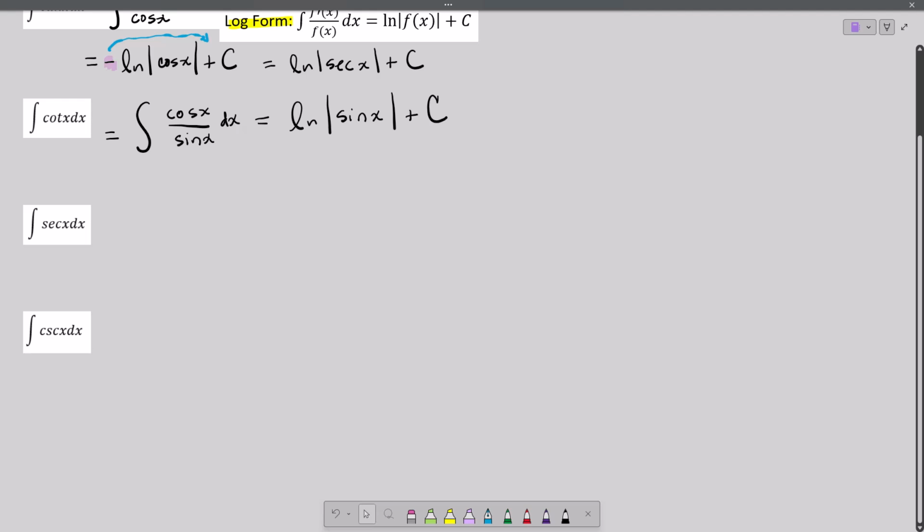So we looked at that integration table, and we saw that secant and cosecant integrate to log functions. If they integrate to log functions, there must be a way to put the integral in log form. If they integrate to logs, there must be some way that we can manipulate that integrand and put it in log form.